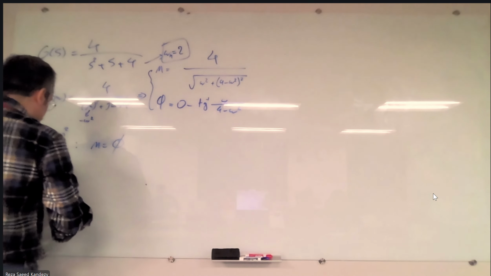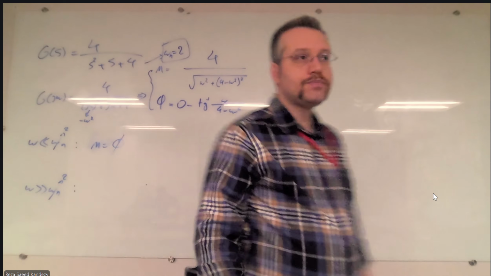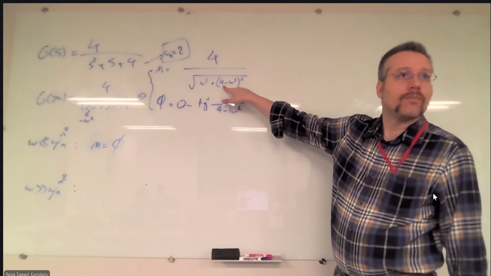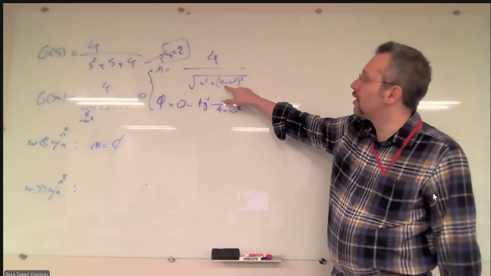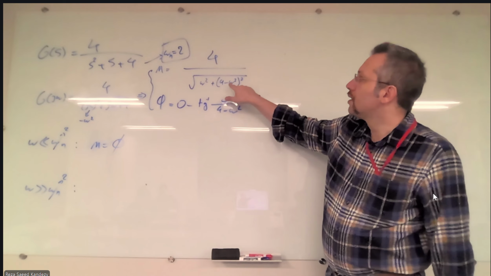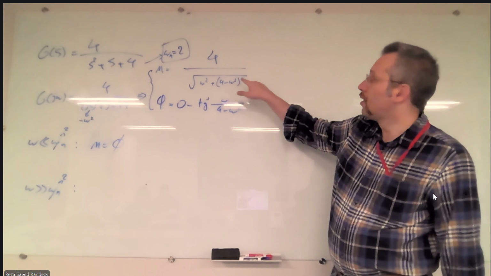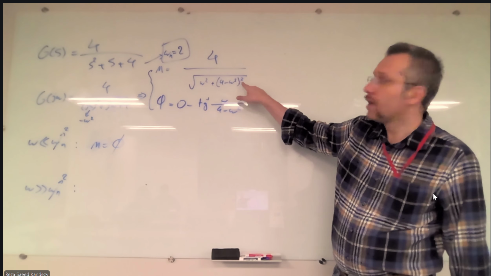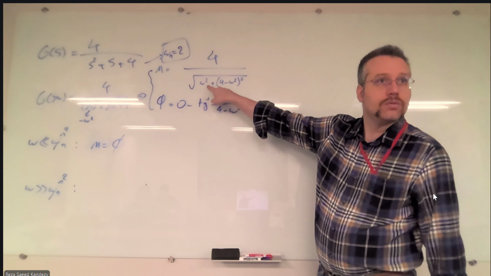Now, what about the amplitude when omega is bigger than 2? If omega is bigger than 2, we can ignore the 4. Then what we have is minus omega square, all squared, which is omega to the power of 4, plus omega to the power of 2.